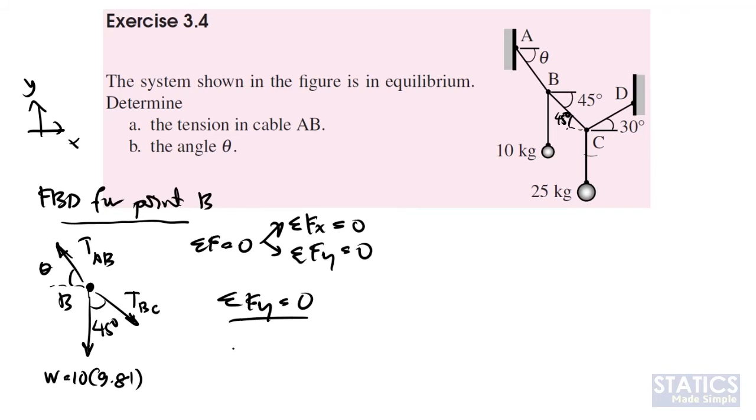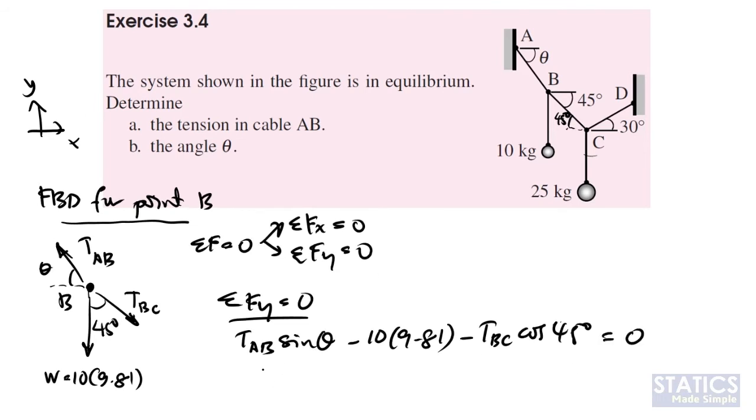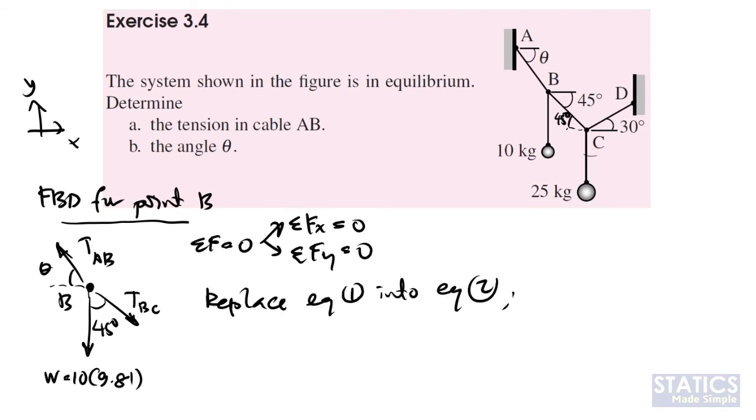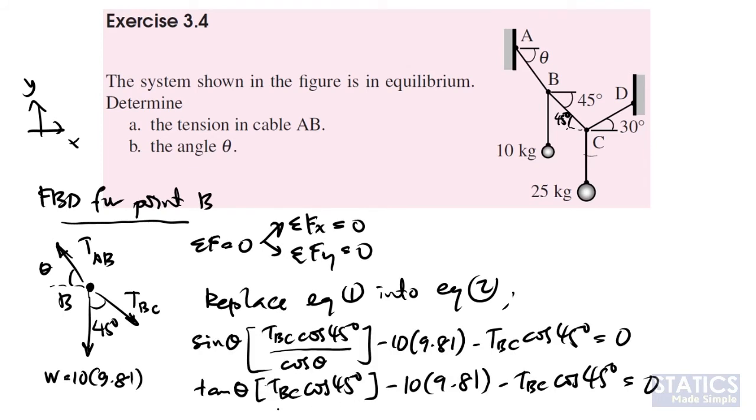Along y, we'll have TAB sin theta minus the weight, 10 times 9.81, minus TBC sin 45 degrees, which we could also write with cosine, equals 0. This is our second equation. Then replace the first equation into the second. TBC is known, so we substitute it and get theta.